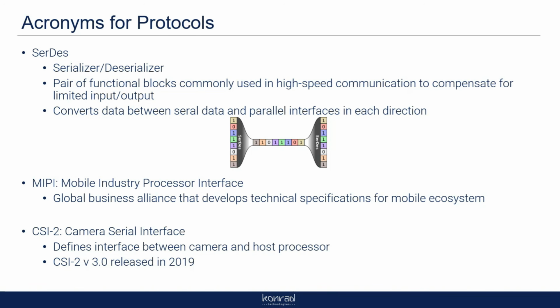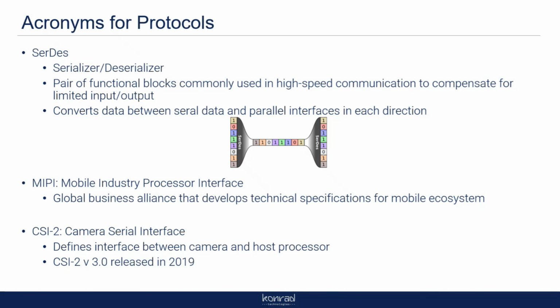LVDS is low voltage differential signaling, and that's actually a physical layer used by the SerDes chipset. So that's why a lot of people call this LVDS. But the true terminology is actually SerDes, because what we're doing is converting between serial and parallel interfaces. So we're basically taking it, serializing it to spit it out over a wire, and then we have to deserialize it on the other end.